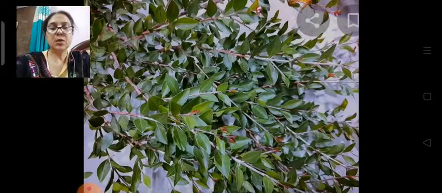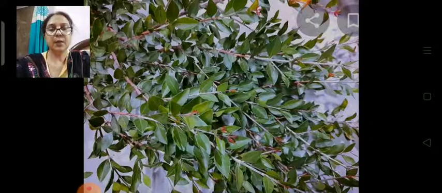Mehndi is also beneficial for hair: it acts as a natural dye, promotes hair growth, conditions the hair and provides shine. Ayurveda recommends the use of mehndi due to its ropan, which means healing property, and sita, cold nature.